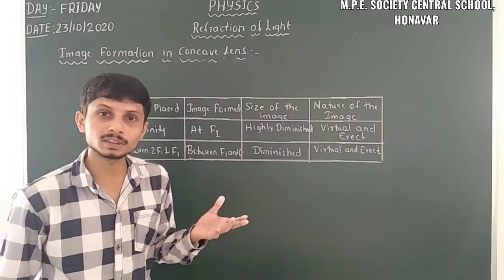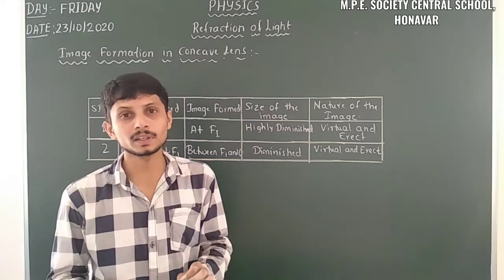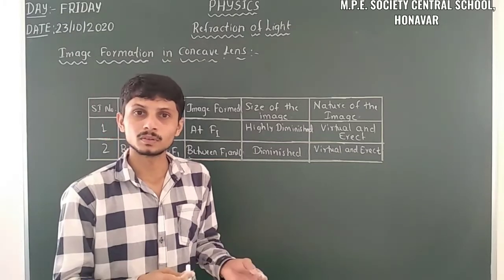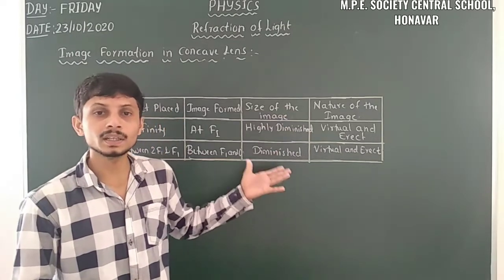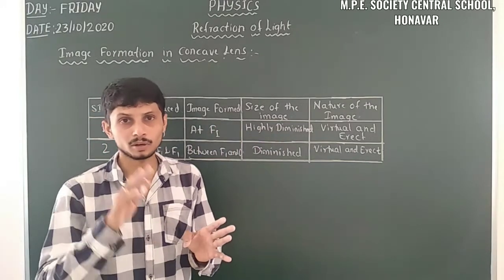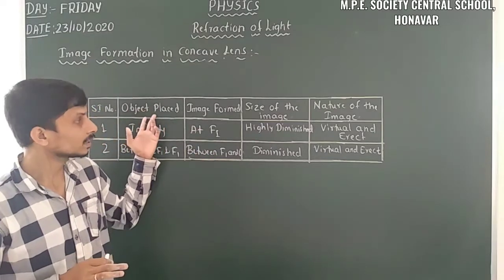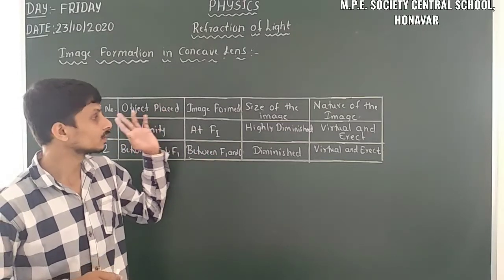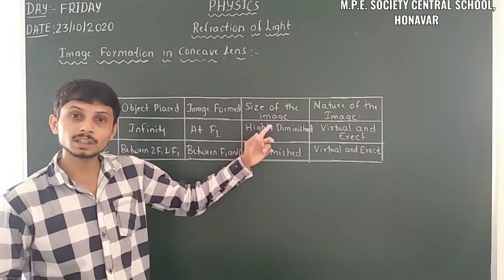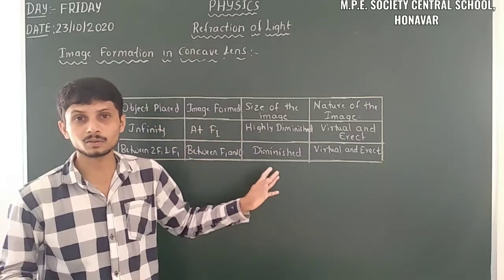So we have image formation in convex lens and image formation in concave lenses. It is very important from the examination point of view. In the question paper we get some of these cases. There you have to draw the diagram and write all the cases: where the object is placed, where the image is formed, what the size of the image is compared to the size of the object, and what the nature of the image is.